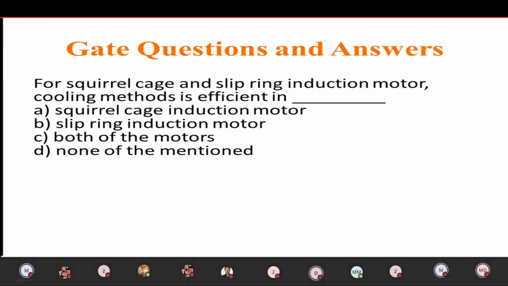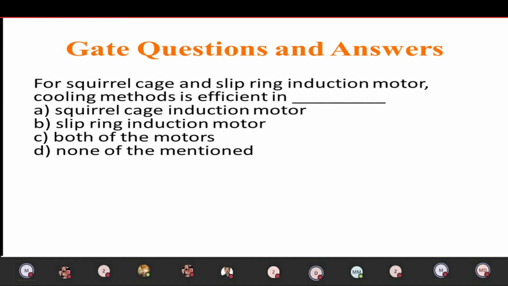Due to that, we have different cooling methods based on their construction. For example, if we take a generator or an alternator, it has two types: salient pole alternator and non-salient pole alternator. In the salient pole alternator, the diameter is large but the axial length is very low.